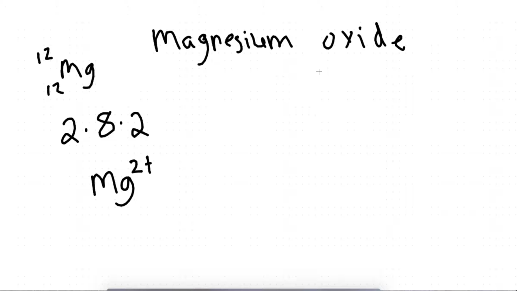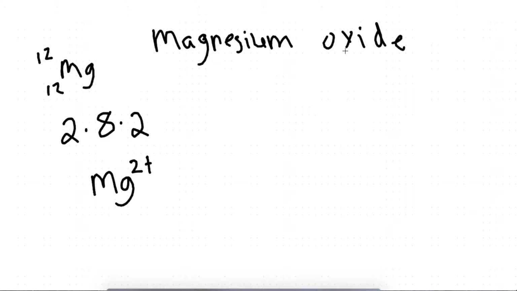Now, oxide is oxygen. Why is it IDE? We'll come to that in a second, but it's basically oxygen. Oxygen has 8 electrons, so 2.6, right? What should oxygen do to become stable? Lose 6 or gain 2? Gain 2, right? So when it gains 2, what does it become?